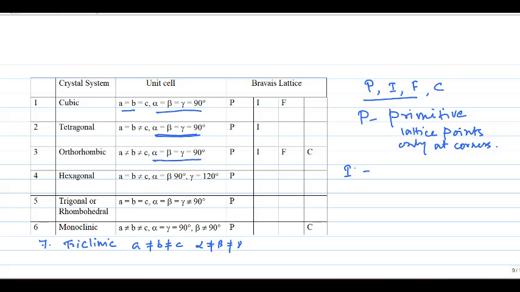I means body centered, and the word is actually a German word.